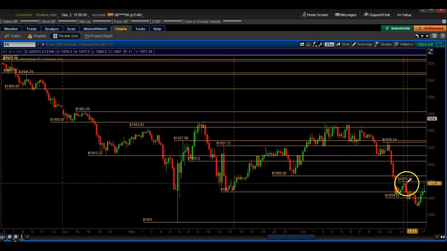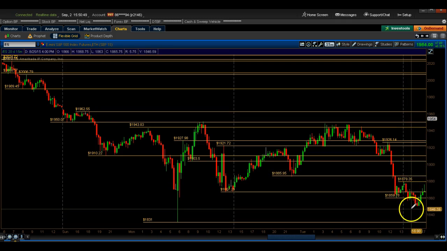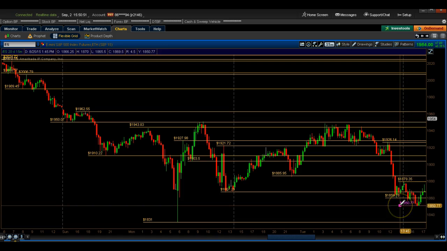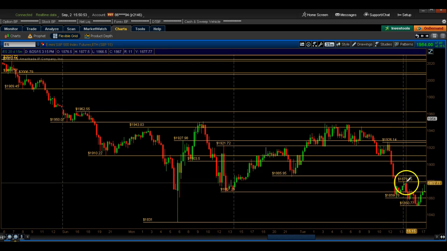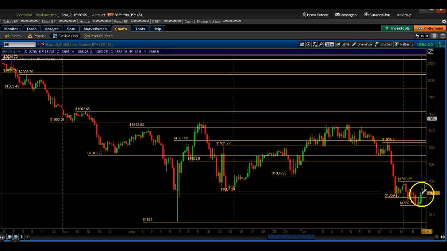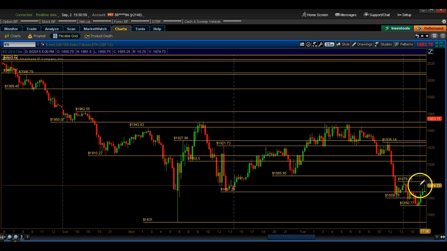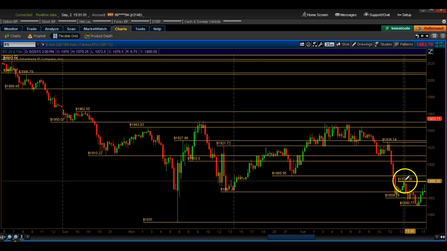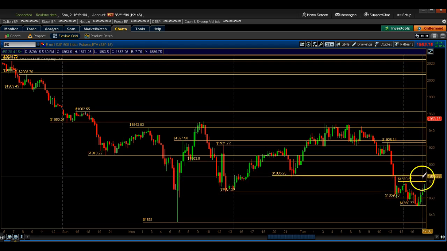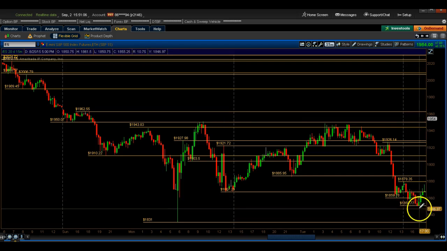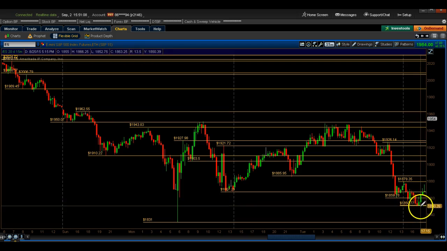Until this 1879.25 gets broken to the upside, this is what we're playing, right? So do you want to get long or short here? You don't want to get long until we break above this, and then hopefully we can pull back, right? And then we know exactly where our stop is.